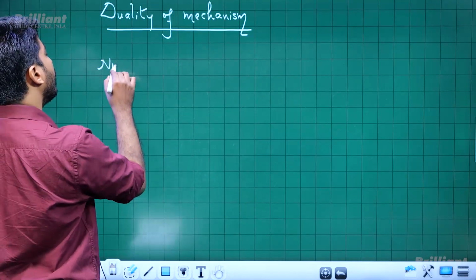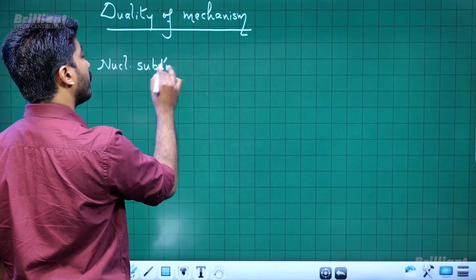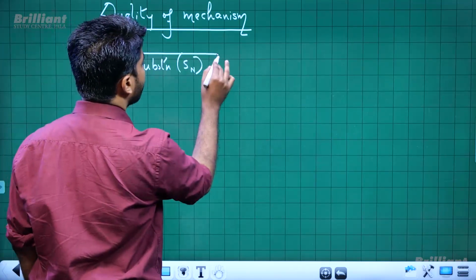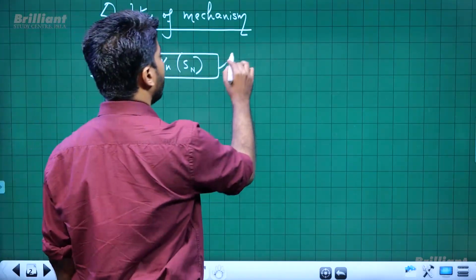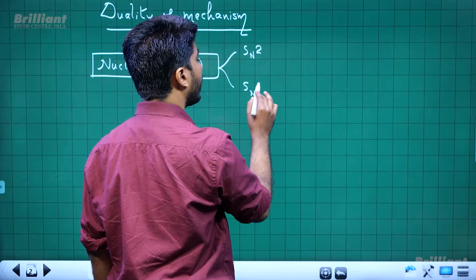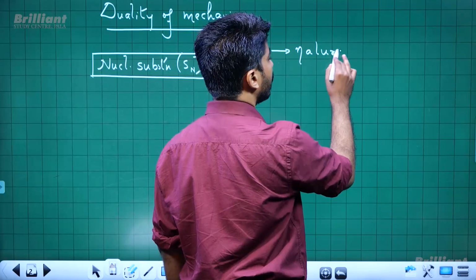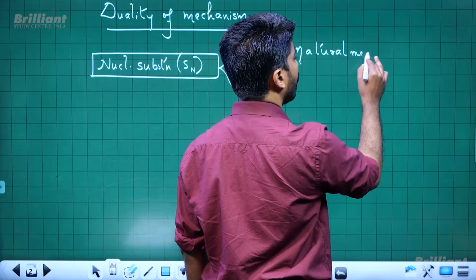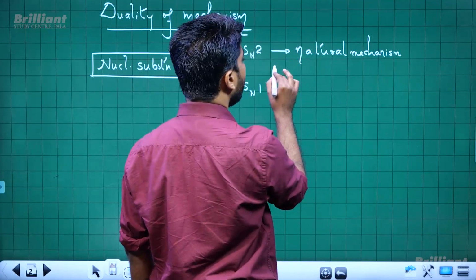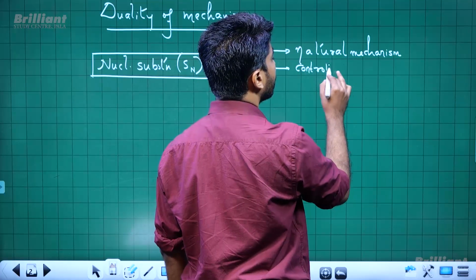While talking about nucleophilic substitution, let's call it SN in short. Nucleophilic substitution could be either SN2 mechanism or SN1 mechanism. SN2 is the natural mechanism, which is driven only by steric factors.